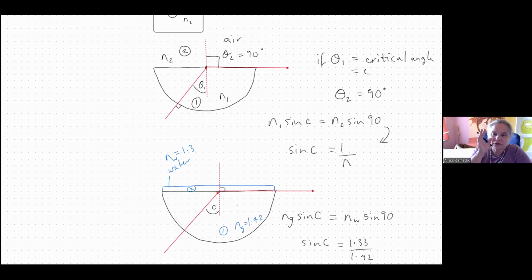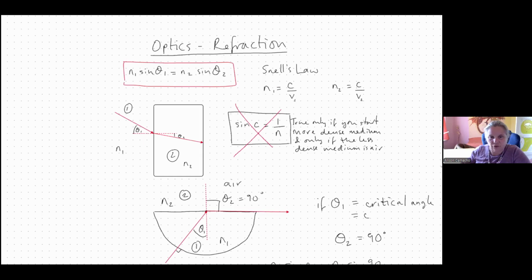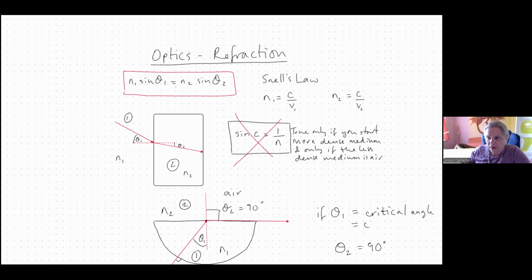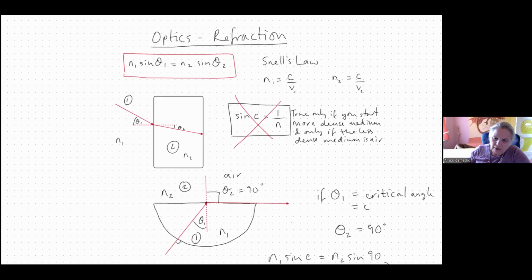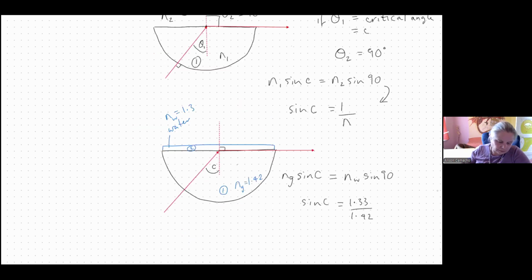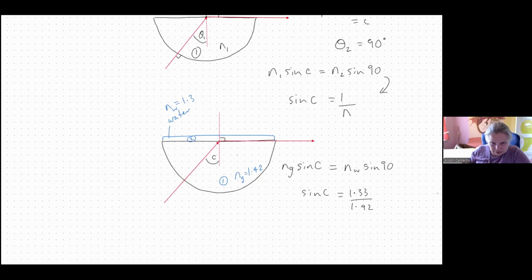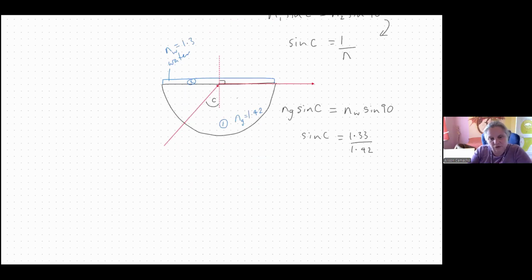Okay, so that's the first thing I wanted to go through with you, this version of Snell's law. The other thing I want to go through with you is really just a statement that you've got to remember your triangle rules. It's all about geometry.